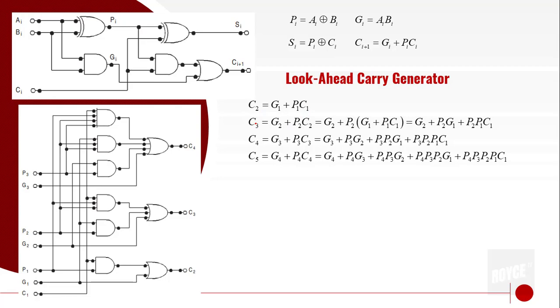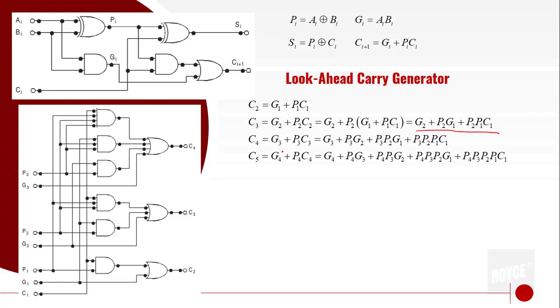We're gonna get an equation for C sub 3, that would be G sub 2 plus P sub 2 C sub 2. But C sub 2, we can substitute this, G1 plus P1 C1. So it will become G2 plus P2 nakaan sa G1 plus P1 C1. So ito yung magiging final equation niya. G2 plus P2 G1 plus P2 P1 C1.